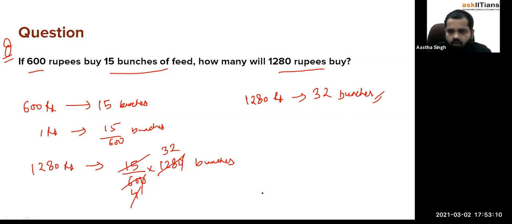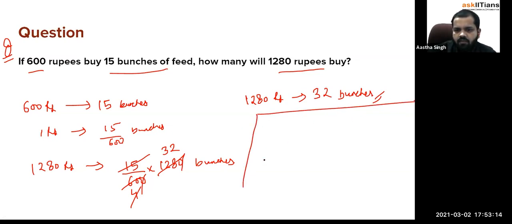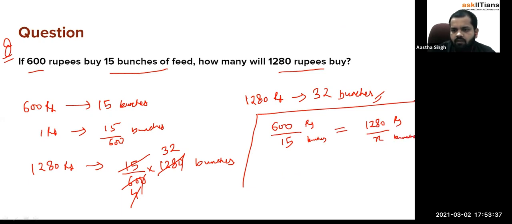Also, you can write that this is a direct proportion question. You can also write 600 by 15, rupees by bunches, will be equal to 1280 rupees divided by X bunches.